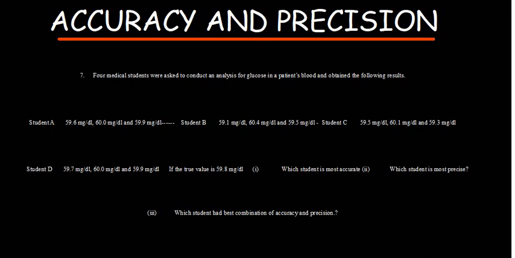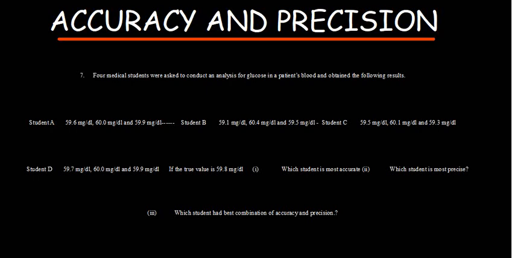So we want to give meaning to these two words, accuracy and precision. I will define these words and talk about what they mean. I'll start with the word accuracy. When you hear the word accuracy in terms of numbers, they're asking you to say, are the values that you've been given very close to the true value?